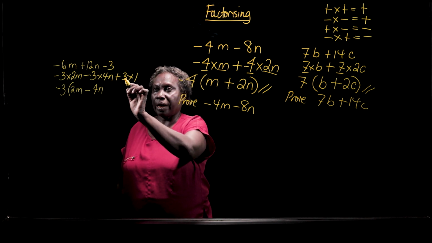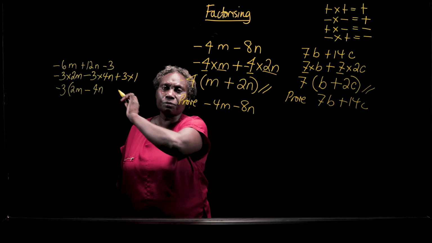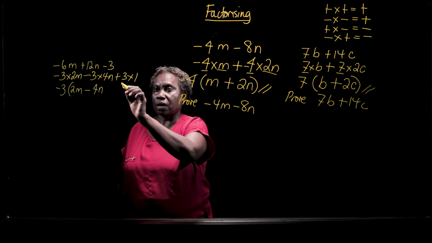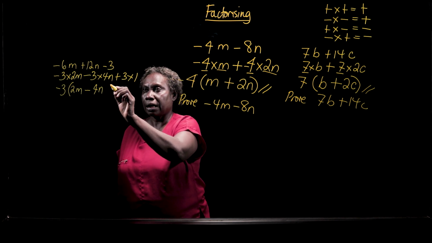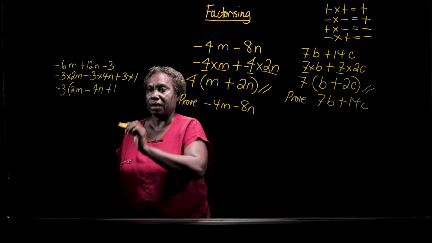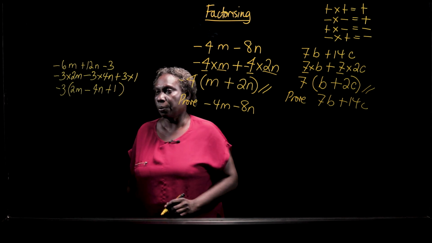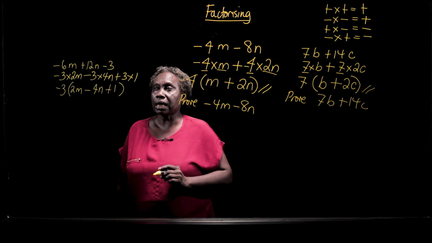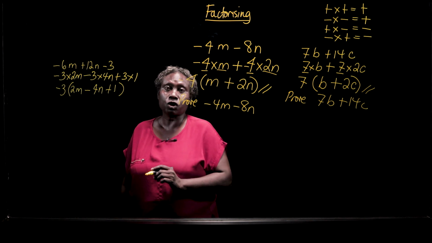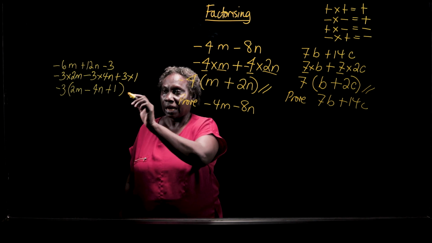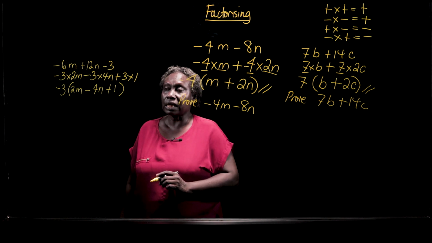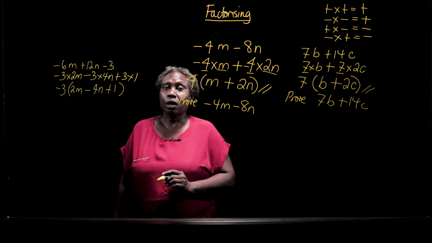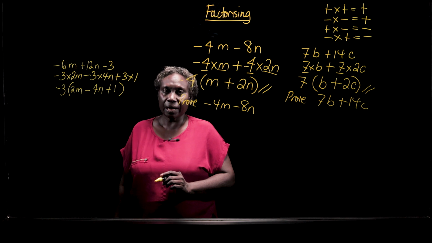And we have negative 3 times positive 1 gives us negative 3. So, when we have factorized negative 6m plus 12n minus 3, the answer that we got is negative 3 times 2m minus 4n plus 1.